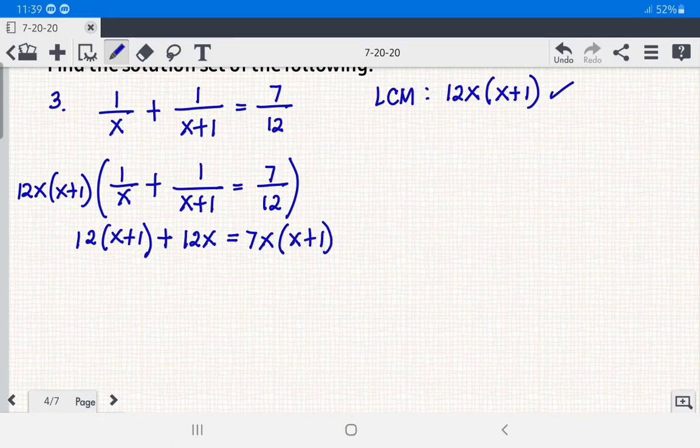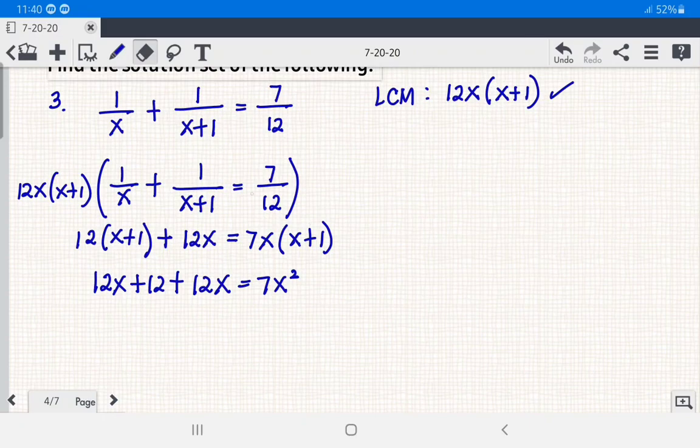After that, let us multiply 12 times x, that is 12x. Then 12 times 1, we have 12. Then plus 12x. Then equals 7x times x, that is 7x squared. Then 7x times 1, we have 7x.